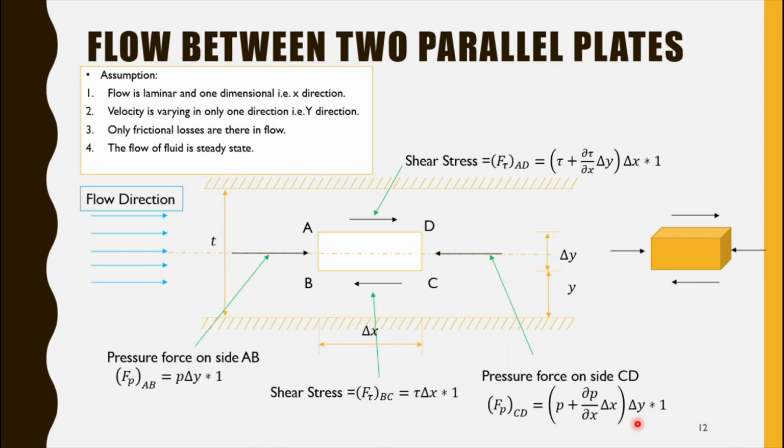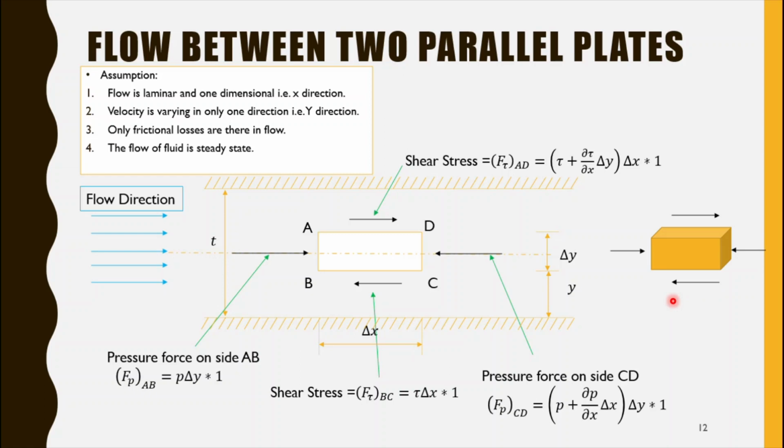Now here one change is there. Previously, the surface area was circular, so the shear force was acting only in one direction. Here the surface area is rectangular, so at the top the shear stress will be in this direction, but at the bottom the shear stress will be in the opposite direction.